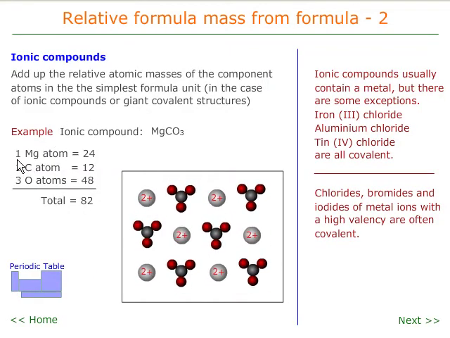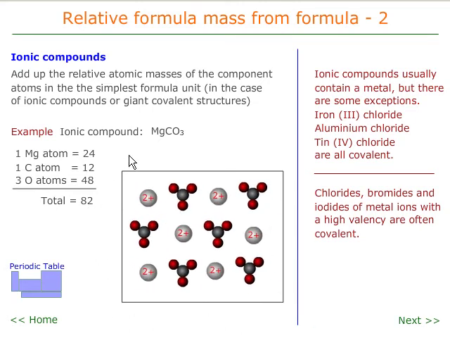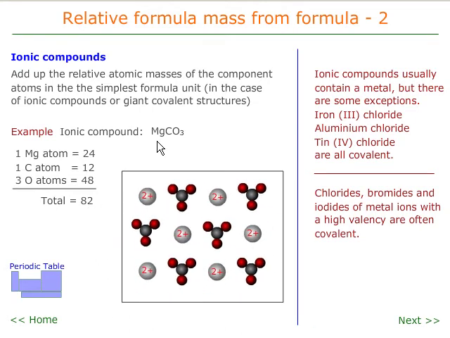Hence, we can add in one magnesium atom, one carbon atom, and 3 oxygen atoms. This gives us a total relative mass of 82, and this is the relative formula mass of magnesium carbonate.